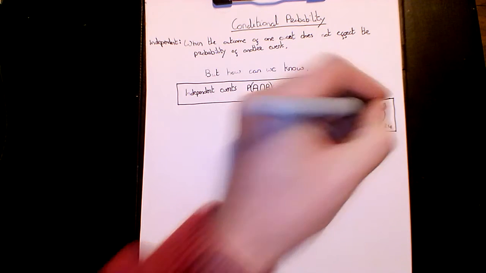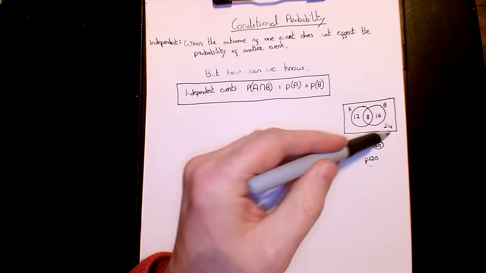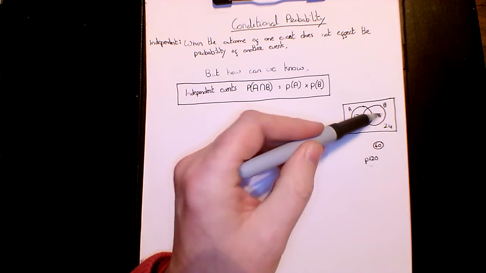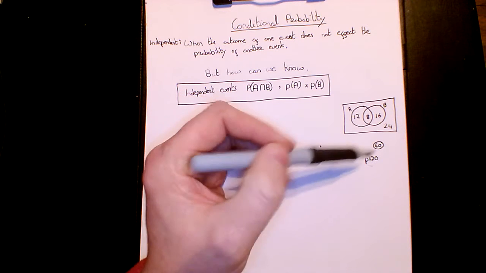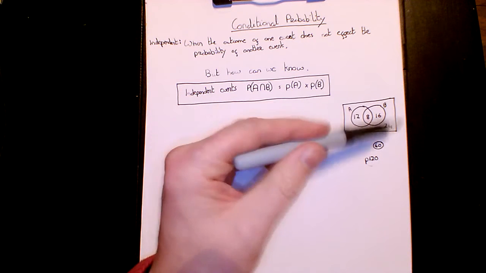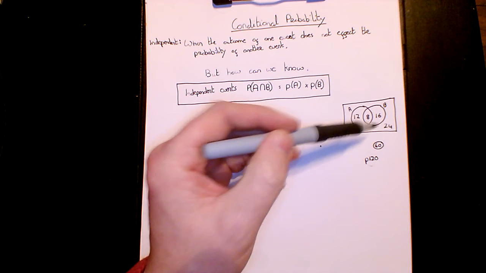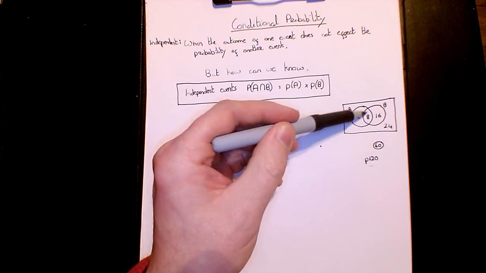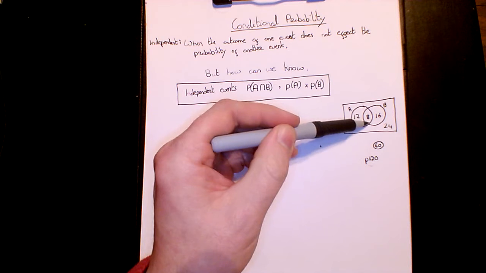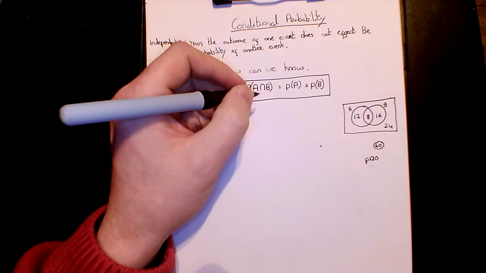This is B. There's a total of 60 here. If we add up this and this, 60. So if I dip my hand in here, to this bunch of people, first of all, what would be the chances of me getting these 8 people? Well, it would be 8 out of 60, wouldn't it?